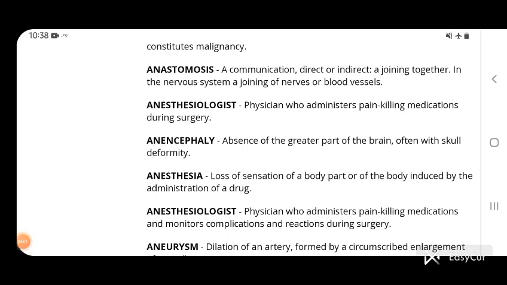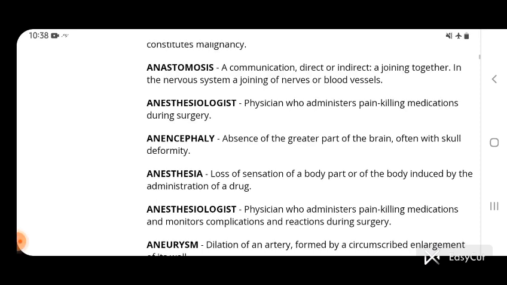Next is anesthesia. Anesthesia is defined as a loss of sensation of a body part or the whole body that is induced by administration of drugs. When we administer the drug to patients during surgical or minor procedures, it leads to loss of sensation of the body part.